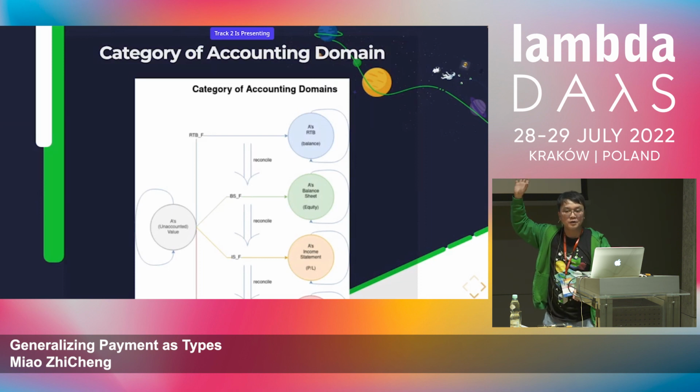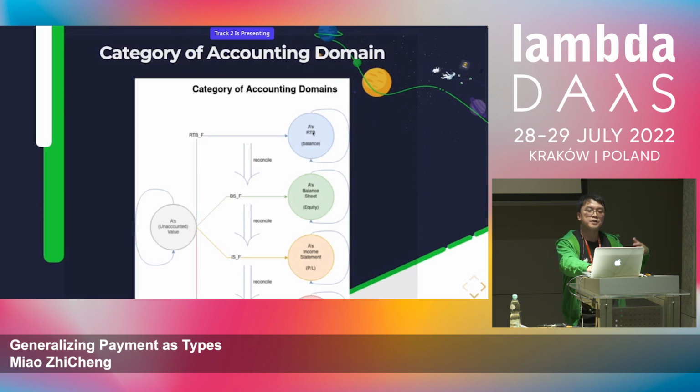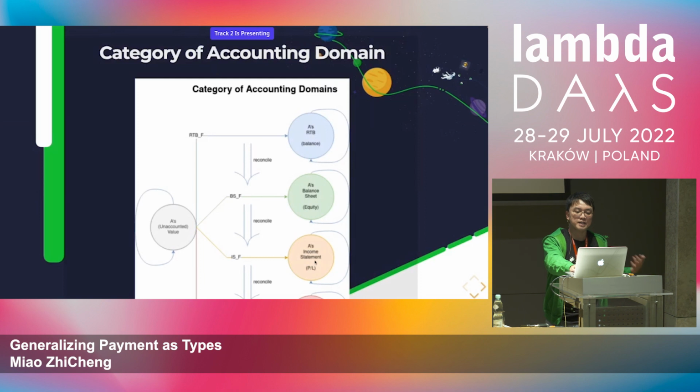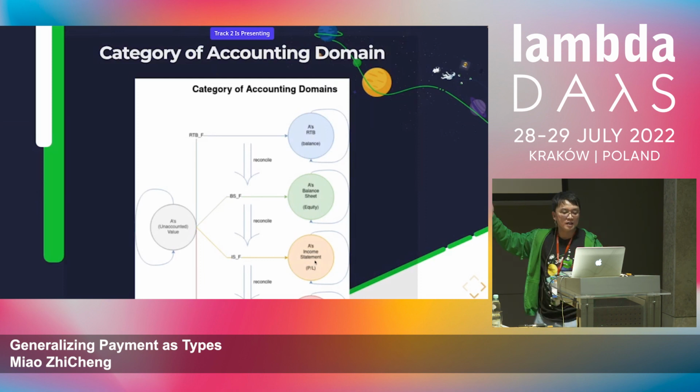So you have a real-time balance, which is expressing the idea of moving payments around. And you have then balance sheet. It's also kind of sub-accounts, right? So you're breaking an unaccounted value into a group of small values. And then the sum of it is the equity, right? The sum of the real-time balance is your balance. And then the sum of the income statement would be the profit and losses. So that's my way of thinking.